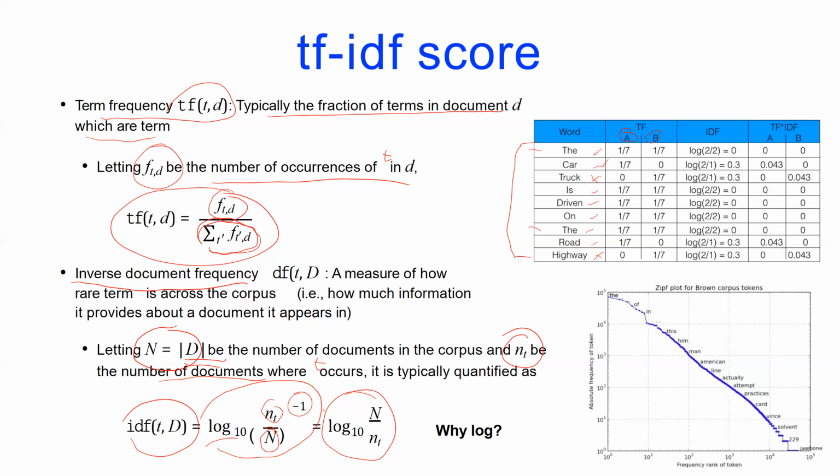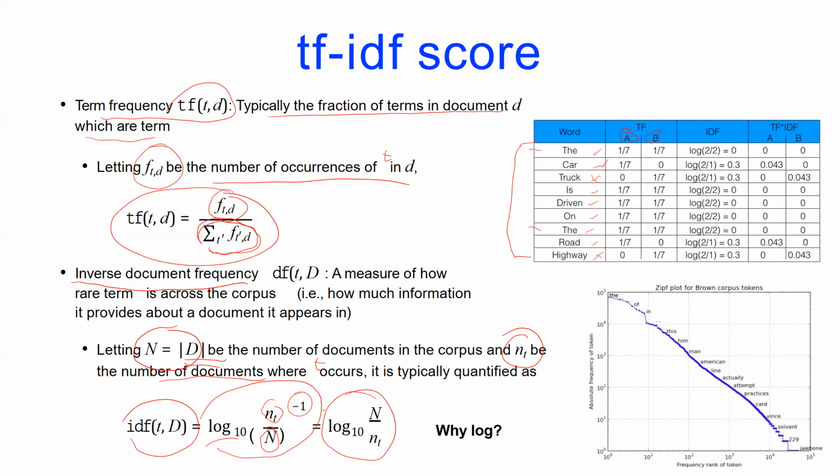Let's say my term "truck" appeared in all documents, then my NT will be 1,000, so 1,000 divided by 1,000 will be 1. If my term is so unique to this document, I only appear once, then your score will be 1,000 divided by 1. You will get a large number, 1,000. I hope that makes sense to you.